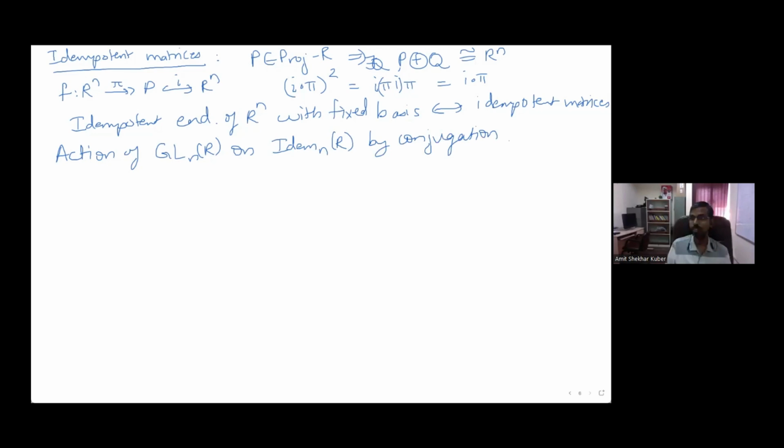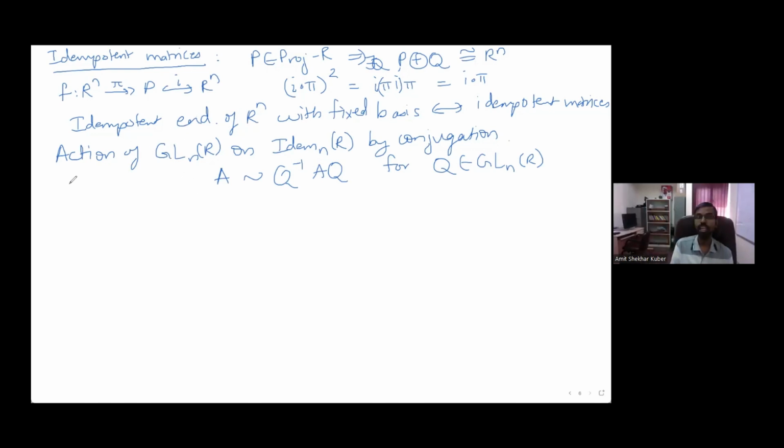So identify A with, let's say, Q inverse AQ. Because actually it's just a change of basis, but they correspond to the same projective module. We are just looking at it from a different perspective.